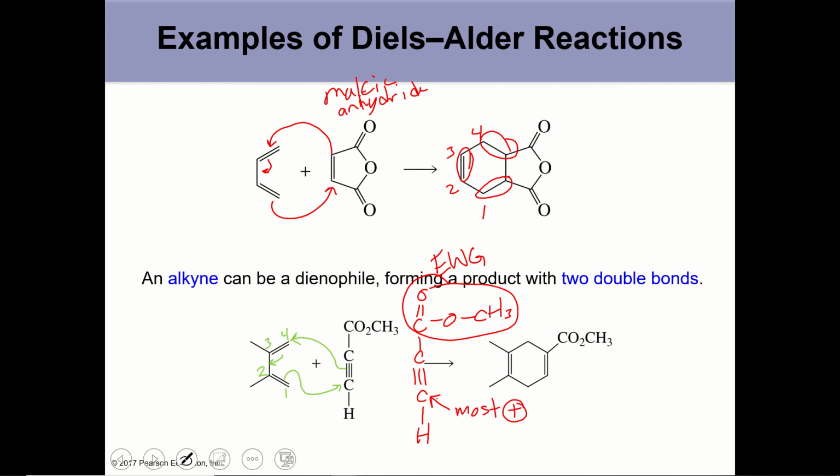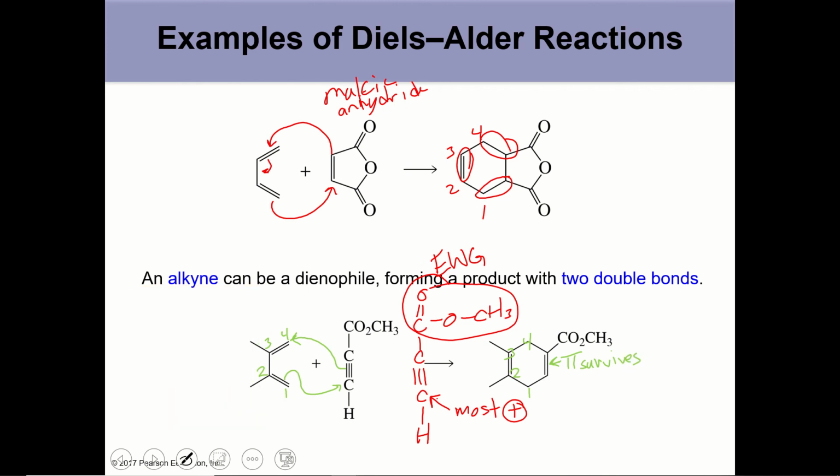So that would give us our carbons as 1, 2, 3, 4 in our product. Notice that we still have 1 pi bond that is untouched because I only used 1 set of pi electrons from the alkyne.